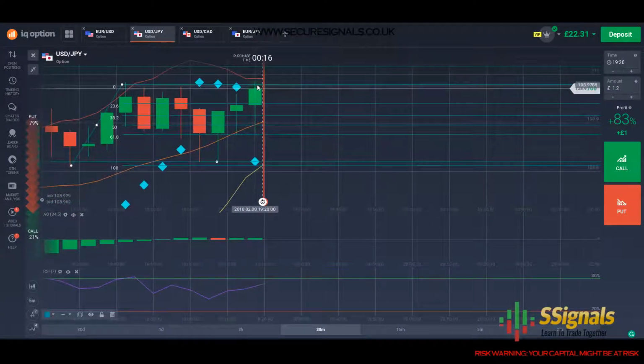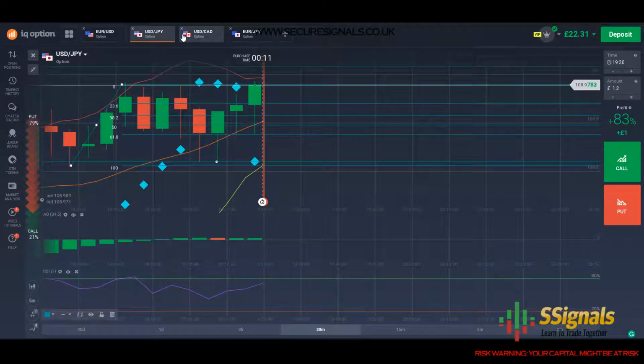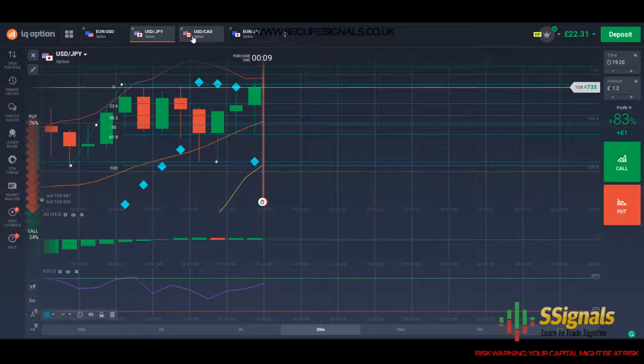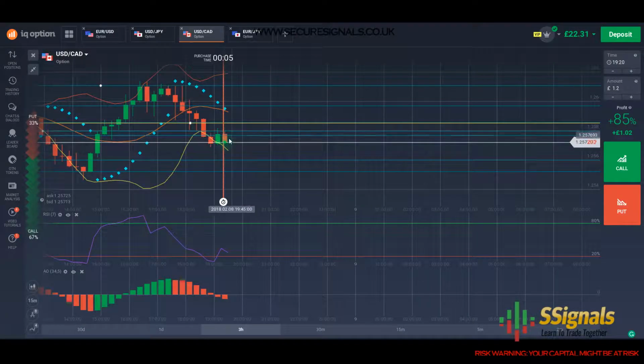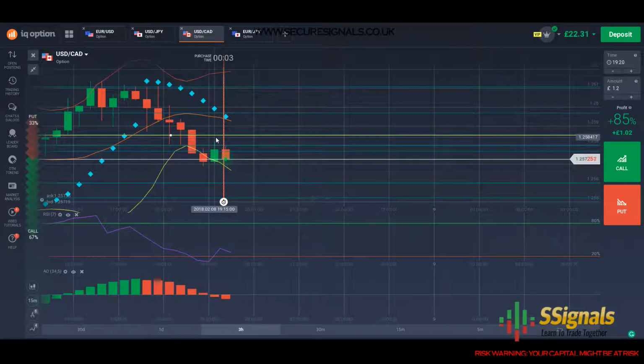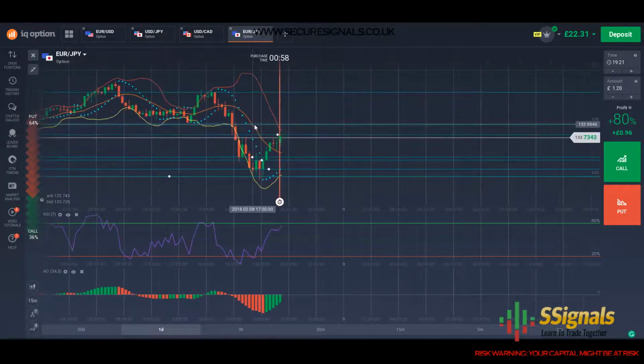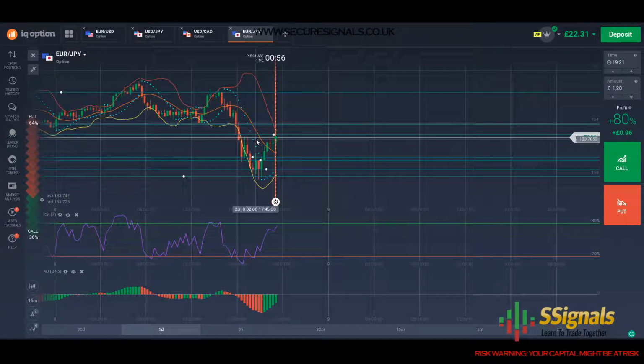Okay, if price closes above here on this one, we're going to be going for a call for 5 minutes. So let's see how this closes. Price has basically missed that one.